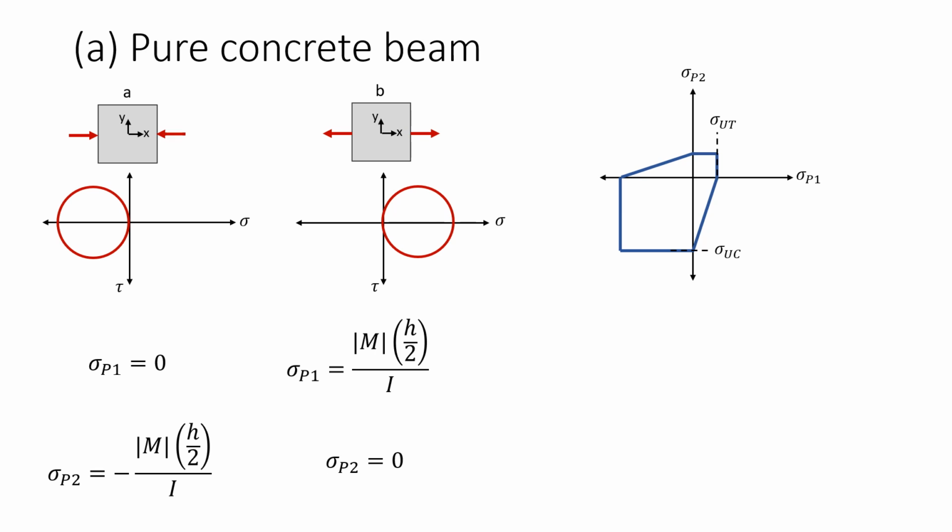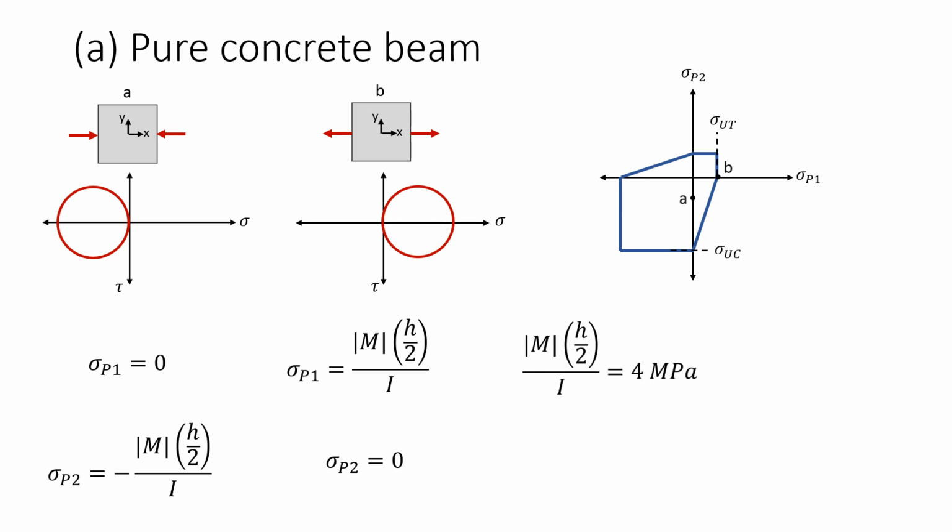If we look at our failure boundary for brittle materials, we can think about what happens as the value of the distributed load is increased. Point A will move downwards along the sigma p2 axis, and point B will move in the positive direction along the sigma p1 axis. Point B is going to reach the failure boundary first, giving this as our failure condition.